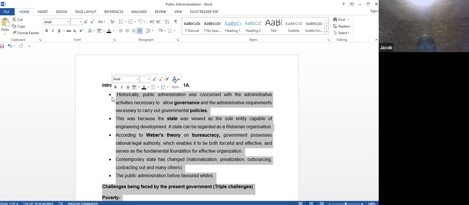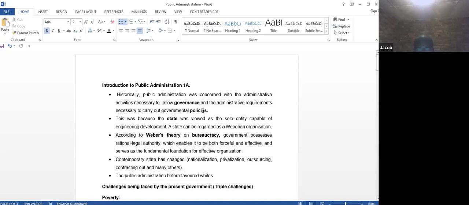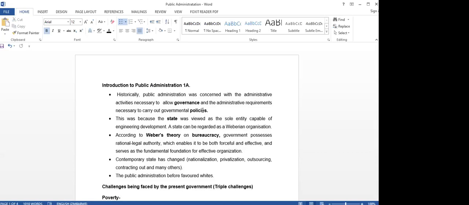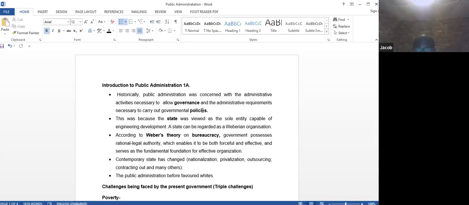Then the word policies, the government policies. You're going to encounter this word a lot as you will be studying public administration. Policies simply mean guidelines or controls or protocols that are designed to control rational decision making by the people who have the mandate and the responsibility to make policies.